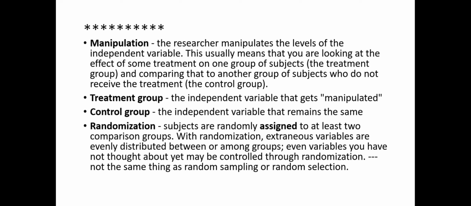Even variables you have not thought about yet may be controlled through randomization. So this is very important with regards to experimental research. Take note, this is not the same thing as random sampling or random selection, like the one that will be discussed by the other discussant about sampling methods. It's different than that.